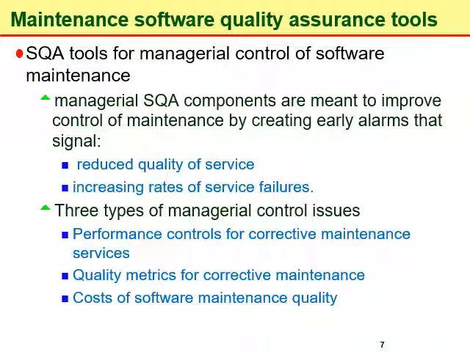So here we discuss three types of managerial control issues, particularly related to the software correction and user support services. These issues include performance controls for corrective maintenance services, quality metrics for corrective maintenance services, and cost of software maintenance quality.